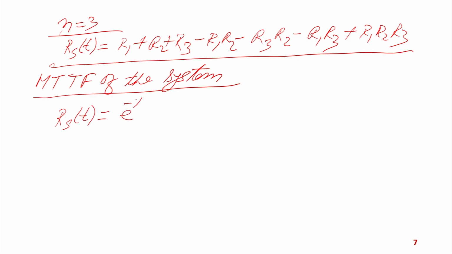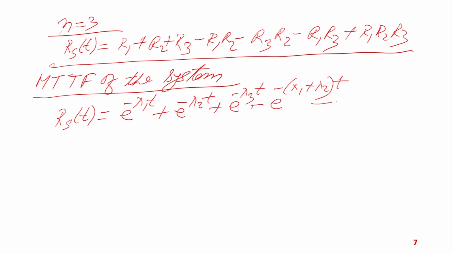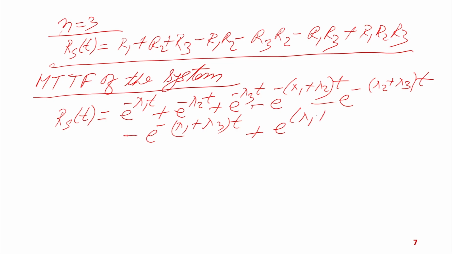So, it is e to the power minus lambda 1 t, then e to the power minus lambda 2 t, then e to the power minus lambda 3 t, then minus e to the power minus lambda 1 plus lambda 2 into t, then minus e to the power minus lambda 2 plus lambda 3 into t, then minus e to the power minus lambda 1 plus lambda 3 into t, plus e to the power minus lambda 1 plus lambda 2 plus lambda 3 into t.